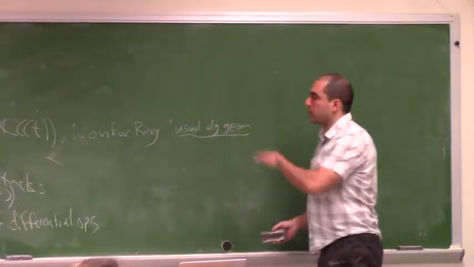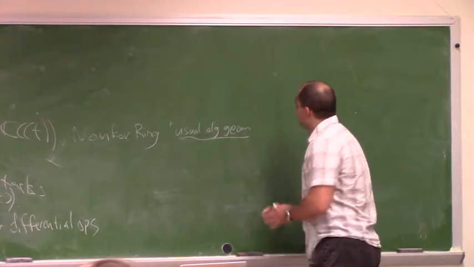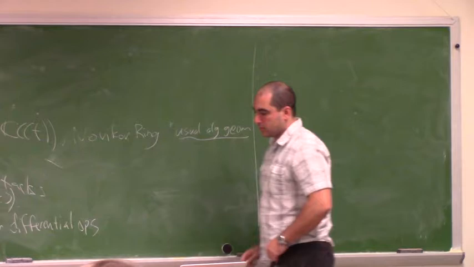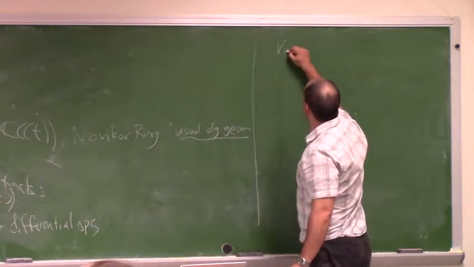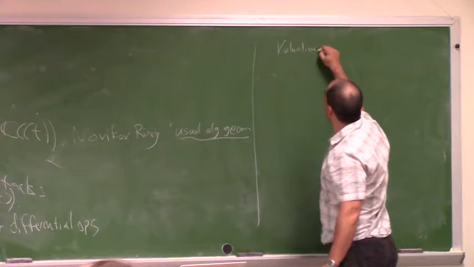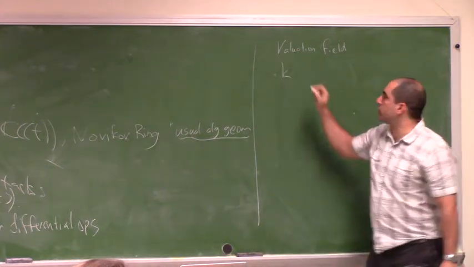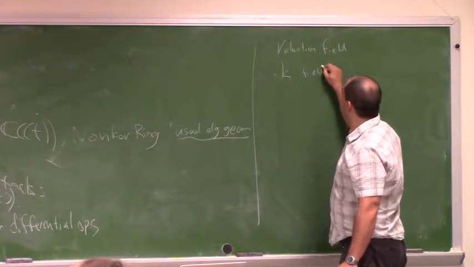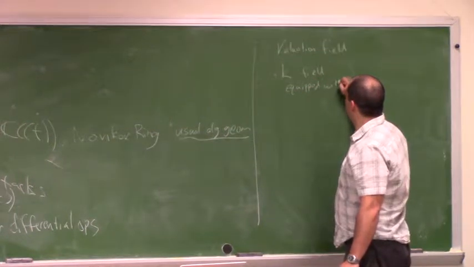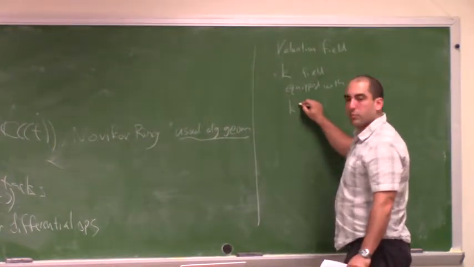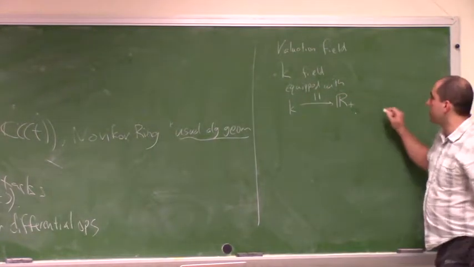Okay, so let me just start from the beginning and say what I mean by evaluation ring, or field. So it's a field K equipped with a map to the positive real numbers, and it should be multiplicative.